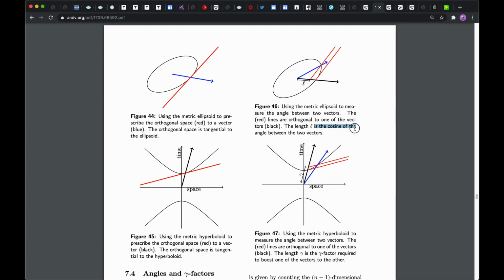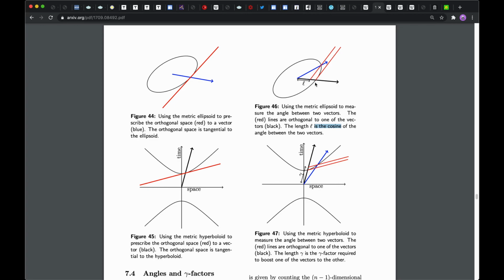But actually, for the length L to be the actual cosine, you need those vectors to be of unit length, because if that black vector is not the unit one, then I think you will not obtain the cosine here.